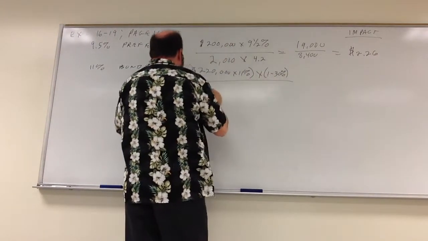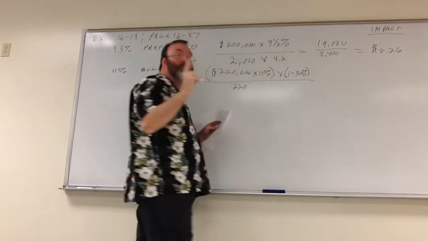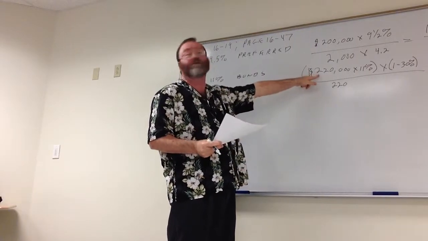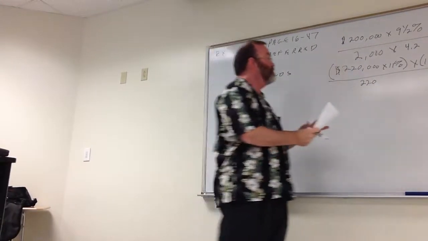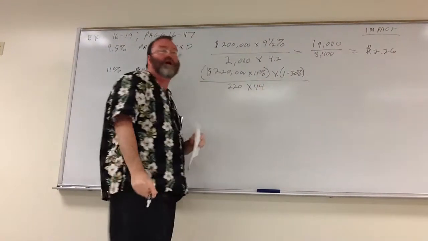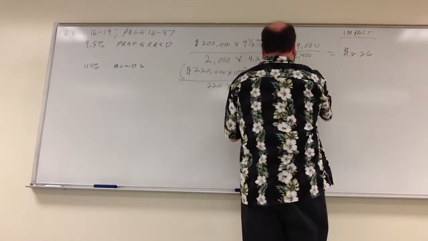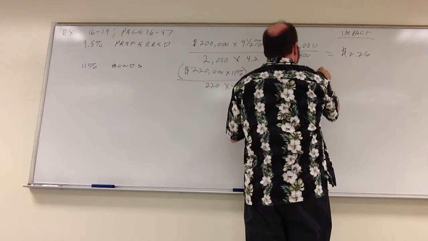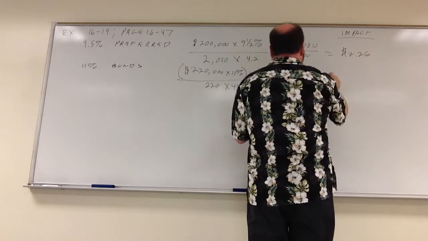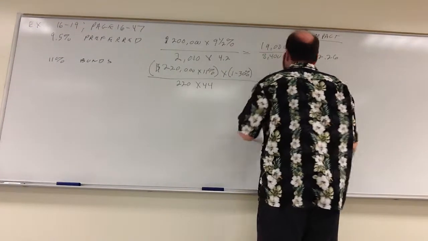The denominator is 220. They're $1,000 bonds. So each bond is worth $1,000. We have 220,000 of them. So 220 bonds, each convertible into 44 shares of common stock. If you multiply all that out, you get 16,940 divided by 9,680, or an impact of $1.75.